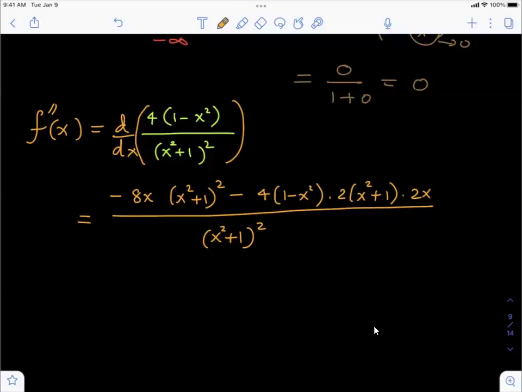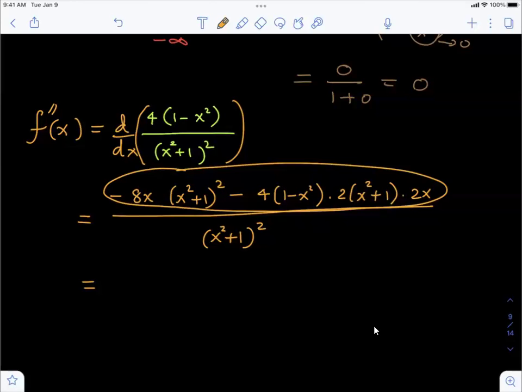And now look at this. Here I have 8x. Think about how I got it. I just differentiated the top and I got negative 8x. Is it accurate? Check. And then I'm going to do the simplification in a way where I'm going to have all possible common factors of the numerator.